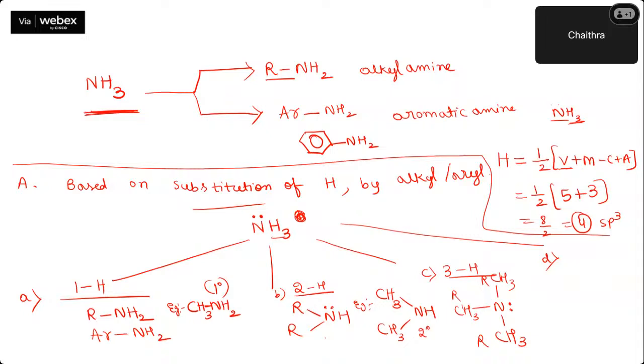Now you take 4 R groups and attach to nitrogen. 3 R groups you will write here, but the fourth one utilizes this lone pair. And now it has lost an electron, right? So it carries what charge, guys? It carries positive charge. So this is called a quaternary ammonium ion, right? So these are the classification of amines by just replacing hydrogen.